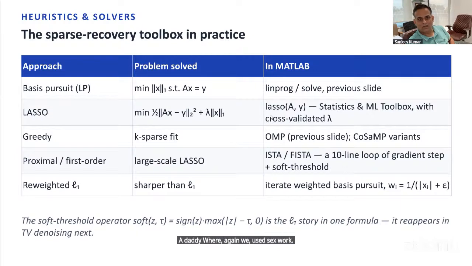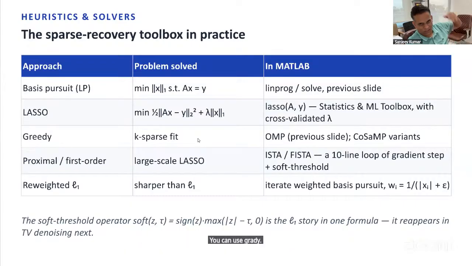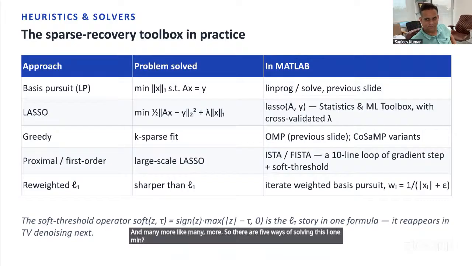So there is a lasso toolbox. Here you pass alpha equals 0, and you can solve using lasso also. You can use greedy approaches like OMP, and many more algorithms. So there are 5 ways of solving this L1 minimization problem.